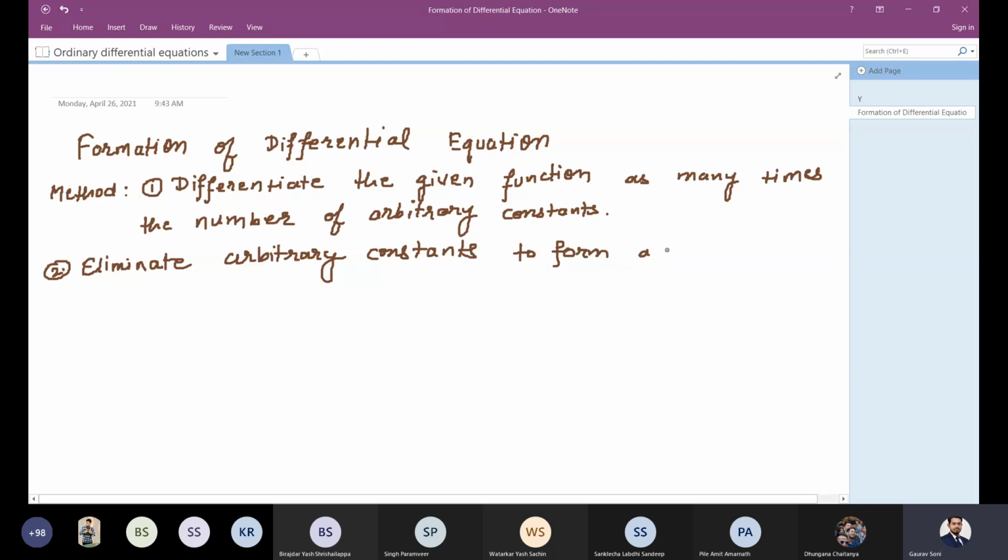A differential equation should not have the arbitrary constant. That is the complete procedure. So let's start with some examples.